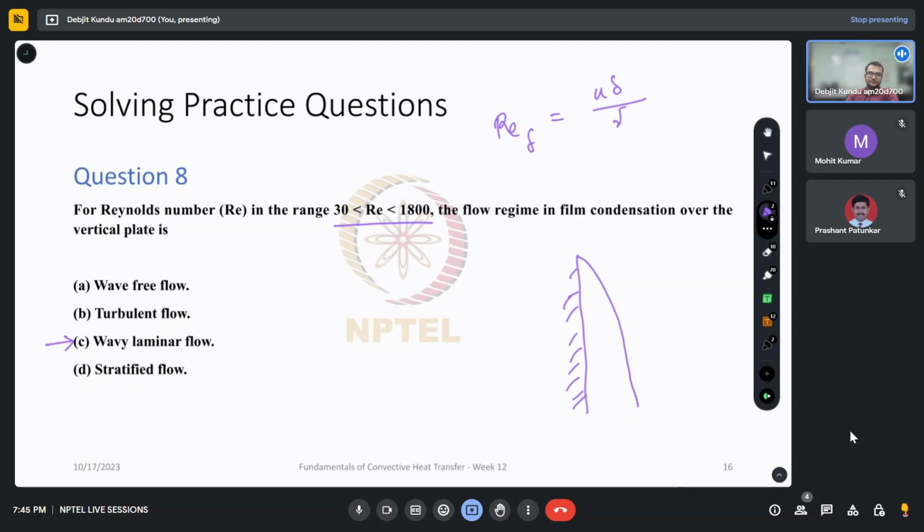So what happens is, with increasing x, delta increases, and u is a function of delta, which also increases with x. That results in the Reynolds number also increasing.